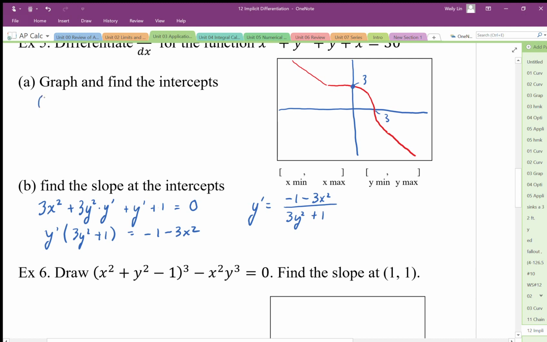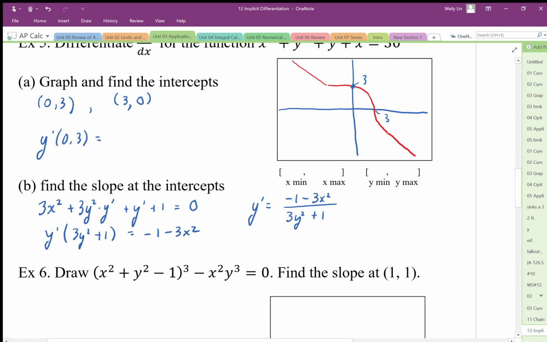My intercepts are going to be at 0, 3, and the other intercept is going to be at 3, 0. Okay, so if I want to find the slope at those points, I'm going to find y prime at 0, 3.